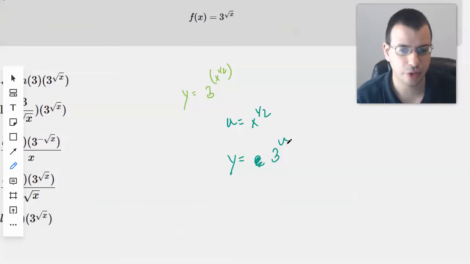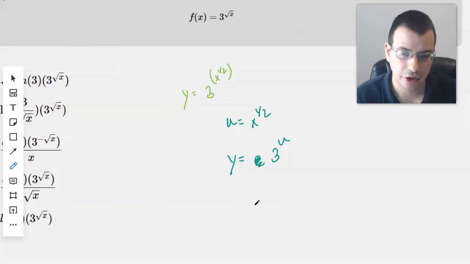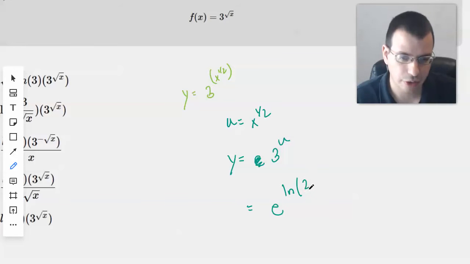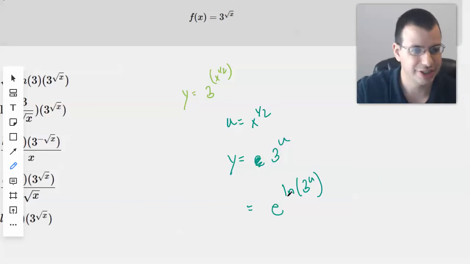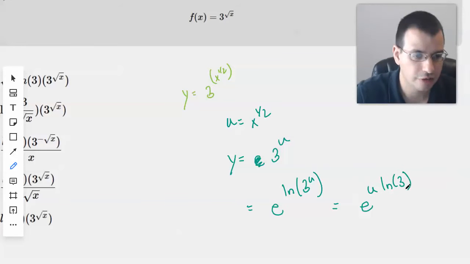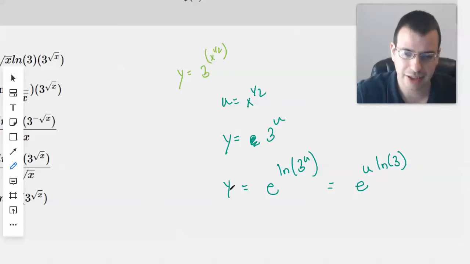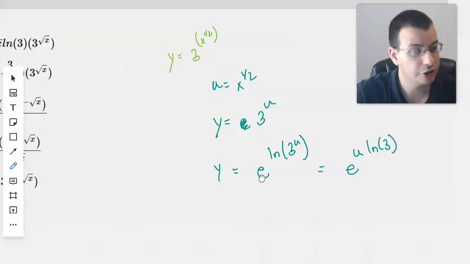The way we're going to move that u down is to write e to the natural log of 3 to the u. So then we're going to have e to the u natural log of 3. Now this becomes a little bit clearer path.